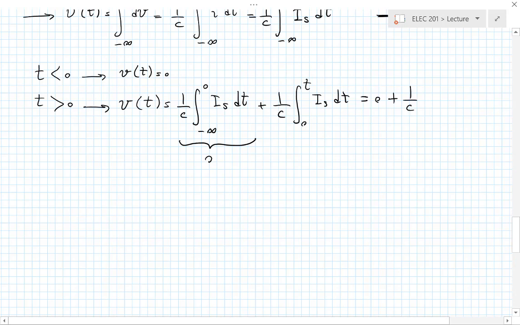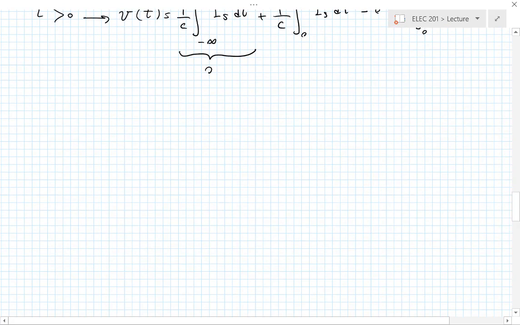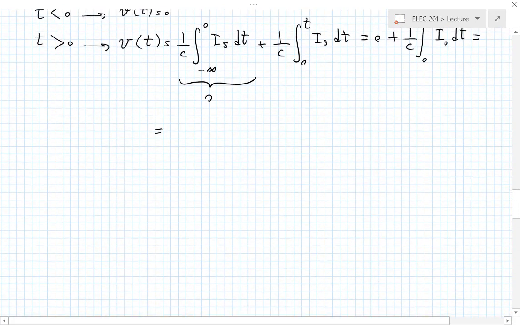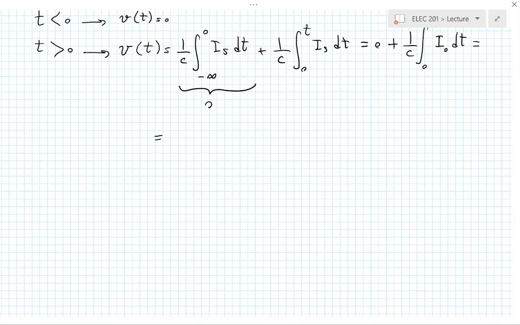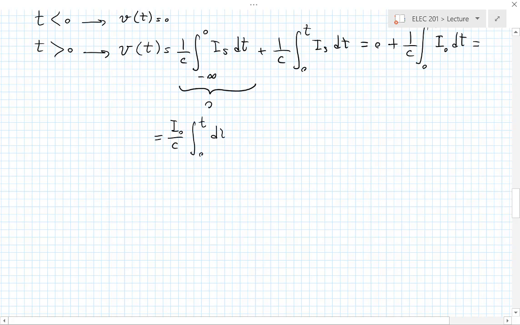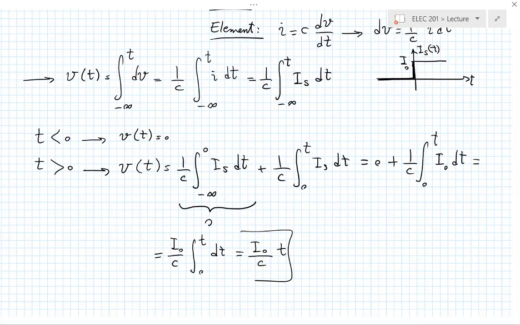So it's 0 plus 1 over C, the integral from 0 to t. And Is has the value I naught here, which is a constant. So the answer is I naught over C, the integral from 0 to t of dt, which is I naught over C times t.